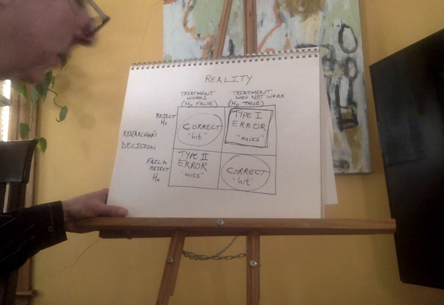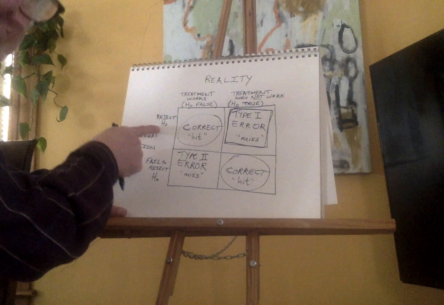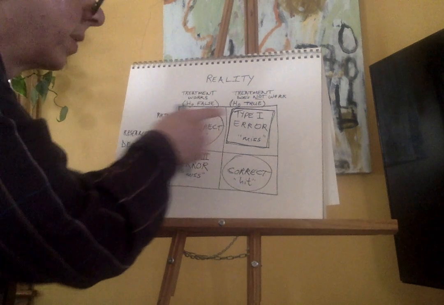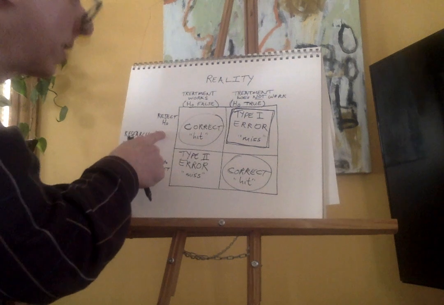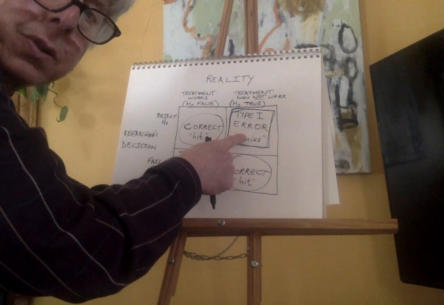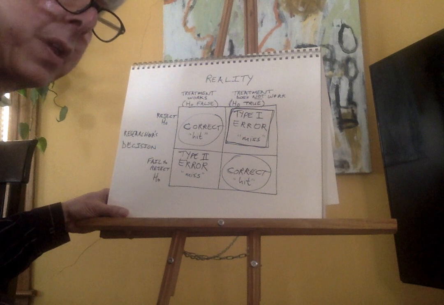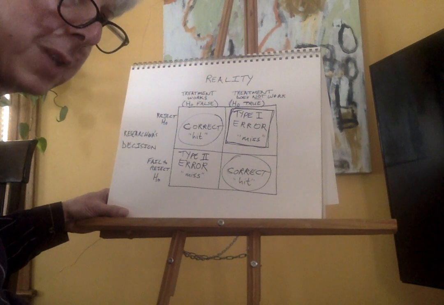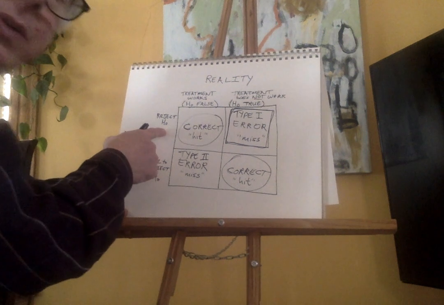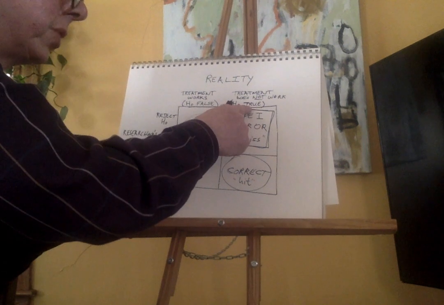What's going on here? The experimenter says there's a treatment, but in reality there's not. The experimenter rejects the null, but in reality the null is true. Why would the experimenter reject the null if the null was true?